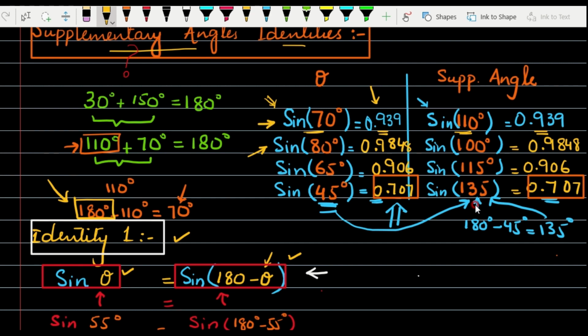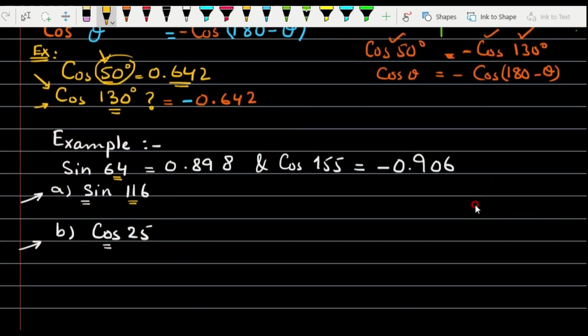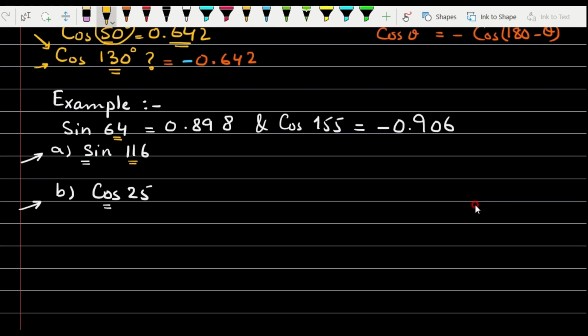Here you can see, right? So you can say sine 116 will be equals to sine 64. So the answer of both values is already given. So the answer will be same. Pretty simple, right?